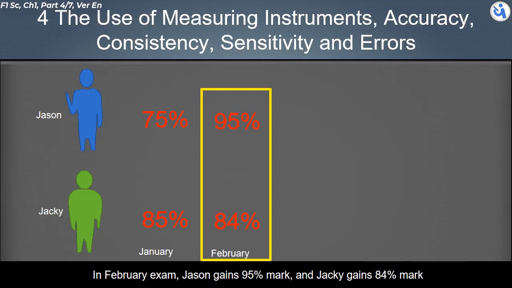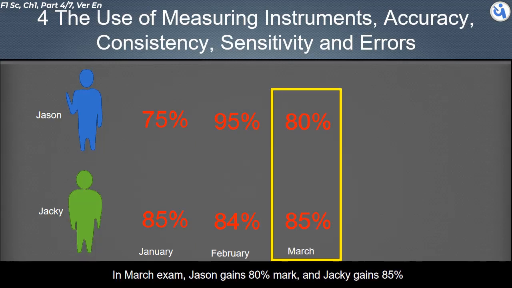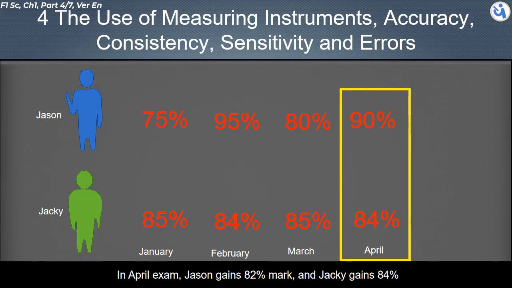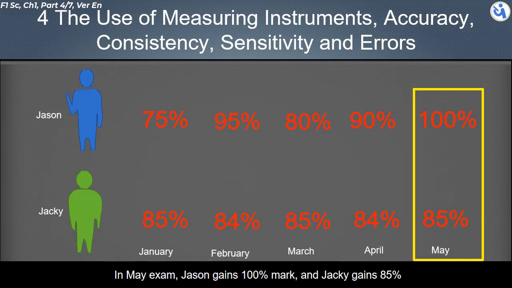In March, Jason gains 80% and Jackie gains 85%. In April, Jason gains 82% and Jackie gains 84%. In May, Jason gains 100% and Jackie gains 85%.